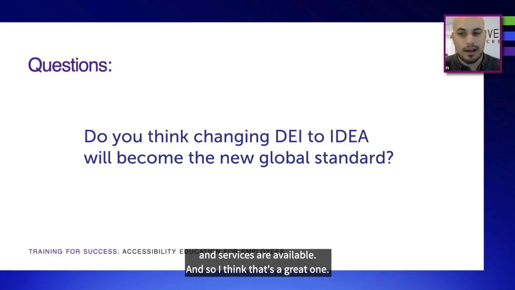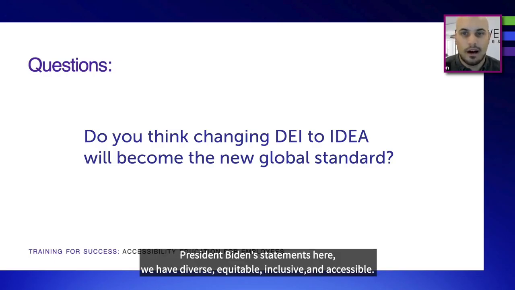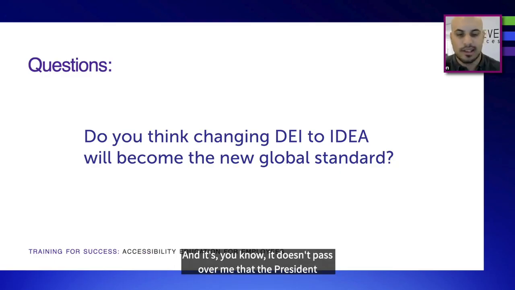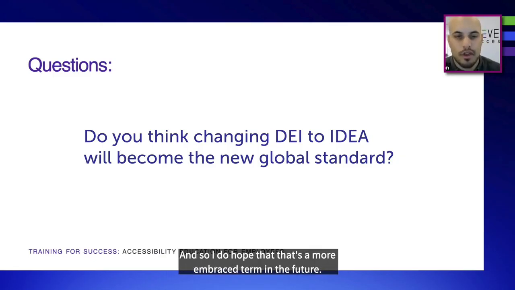And so I think that's a great one. Yeah, IDEA, as we might come back to President Biden's statement here, we have diverse, equitable, inclusive, and accessible. And it doesn't pass over me that the president here used that term accessible, didn't really stop short to use that term. And so I do hope that that's a more embraced term in the future.